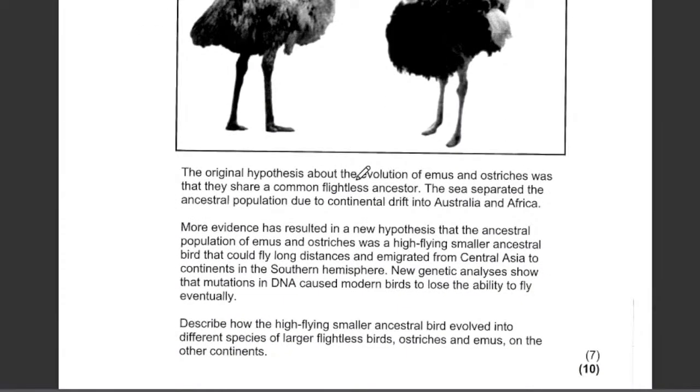The original hypothesis about the evolution of the emus and the ostrich was that they share a common ancestor. They share common flightlessness. This is a very important thing. The sea separated the ancestral population during this, meaning that this is the force which separated the continents, Australia and Africa.